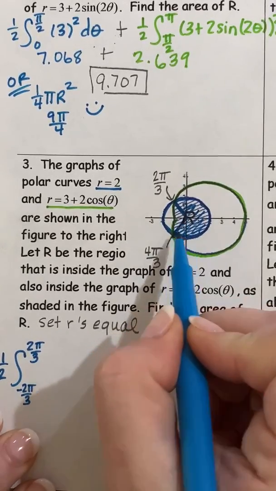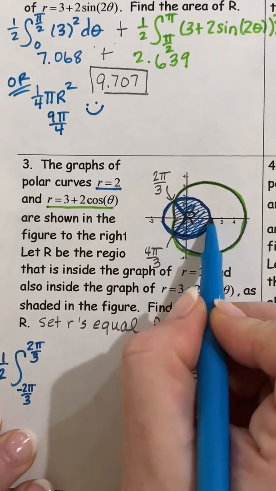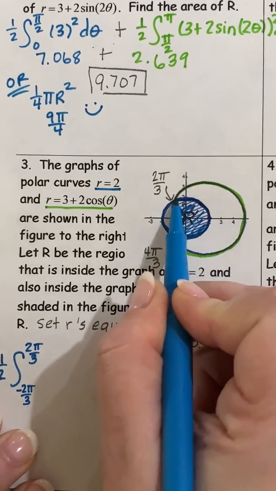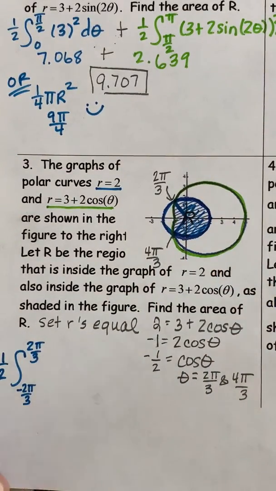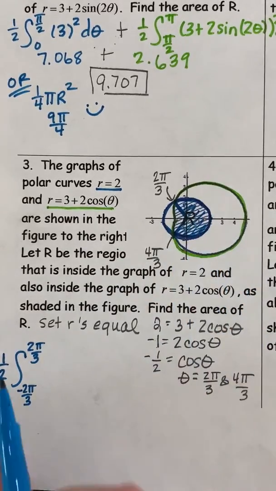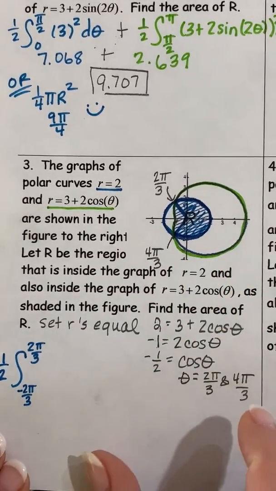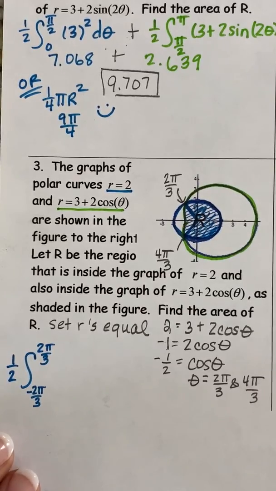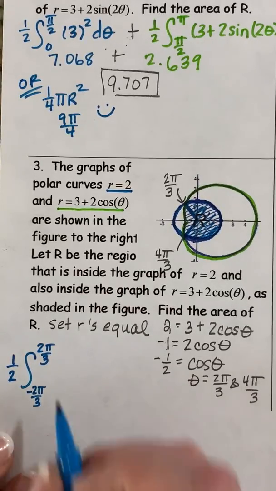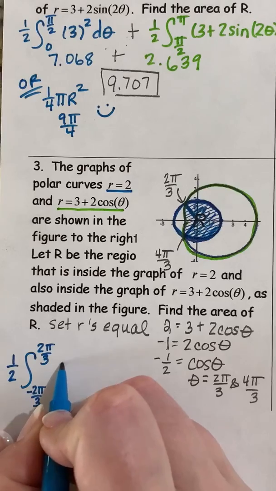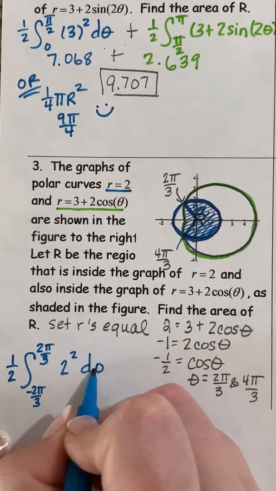So from negative 2 pi over 3 to 0, and then 0 to 2 pi over 3. Or remember, I could do from 0 to 2 pi over 3, multiply it by the 2 out front, and it's the same thing. So, and that's going to be 2 squared d theta.